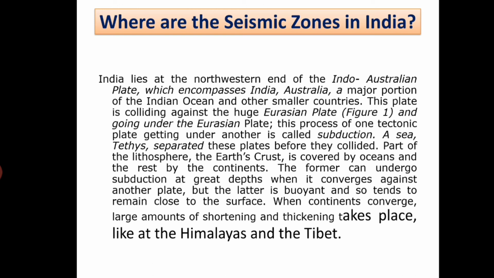So our fault line is near the Indo-Australian plate, and in that plate most of the area is covered under the sea. There is very high temperature in the inner crust. So these are the major causes of earthquakes due to plate tectonics.